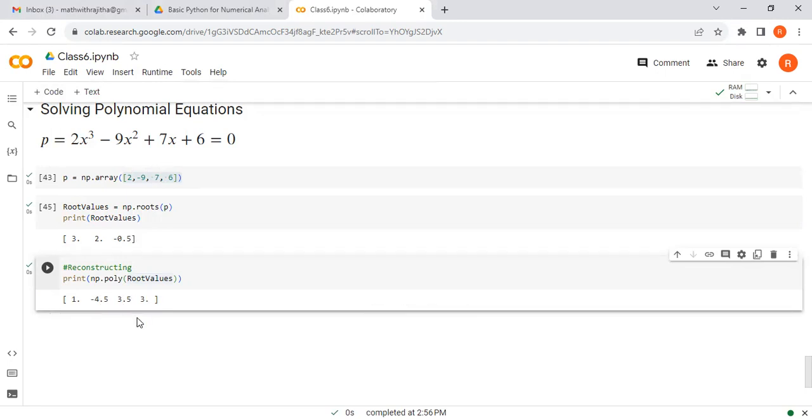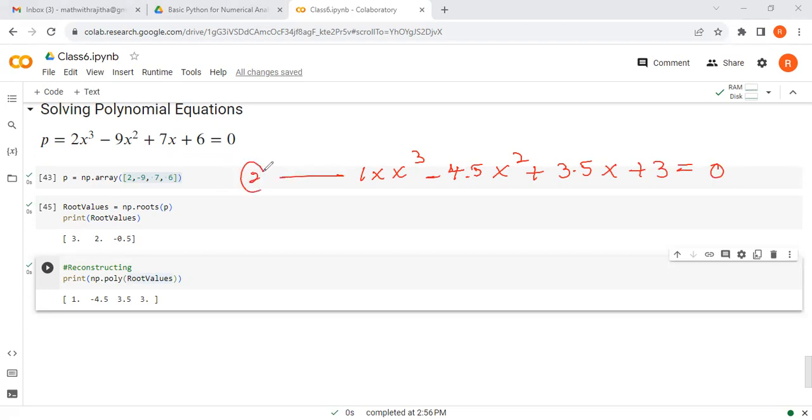What's the reason? The polynomial it has created is 1 into x cubed minus 4.5 into x squared plus 3.5x plus 3 equals 0.